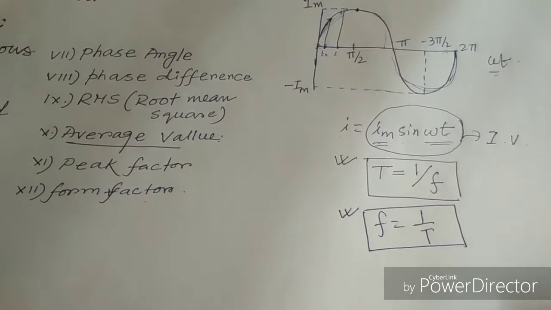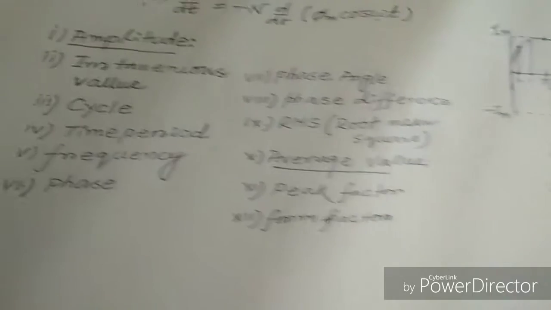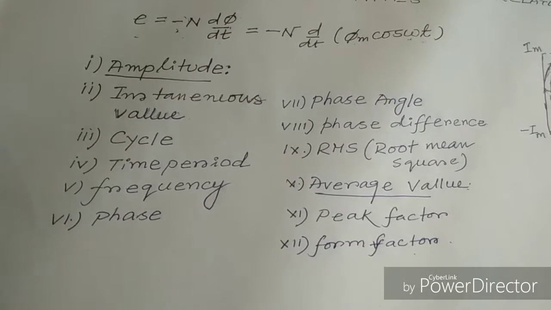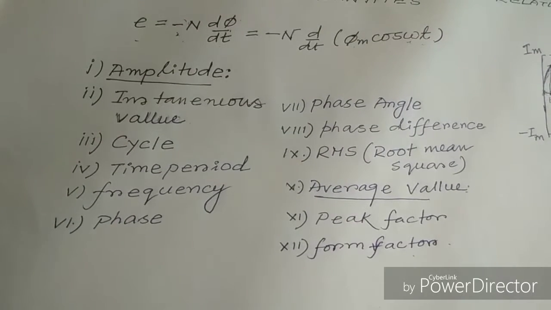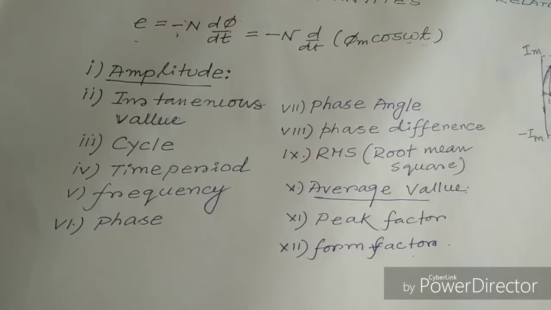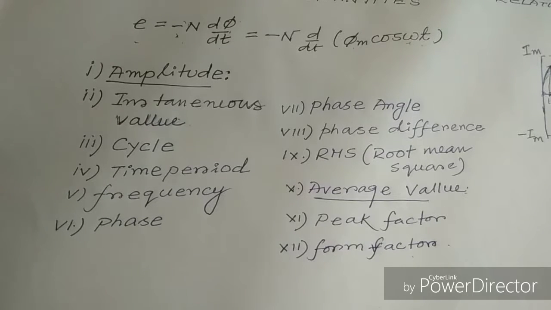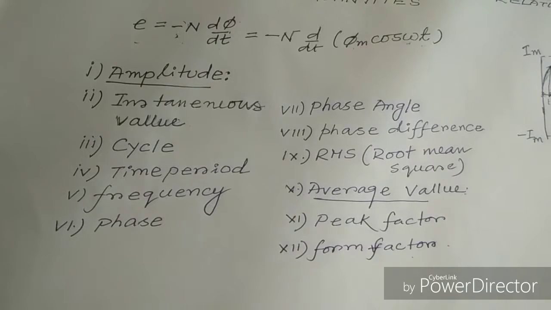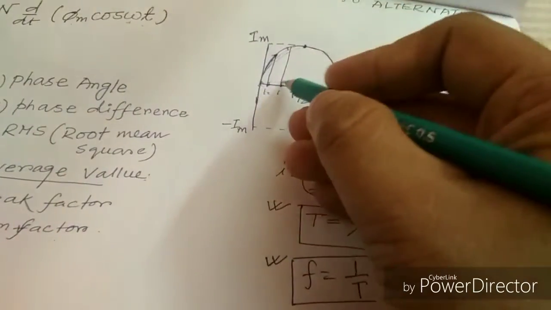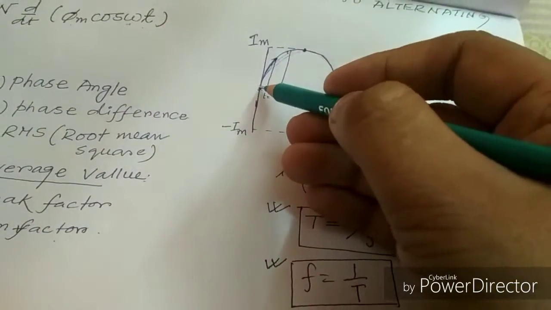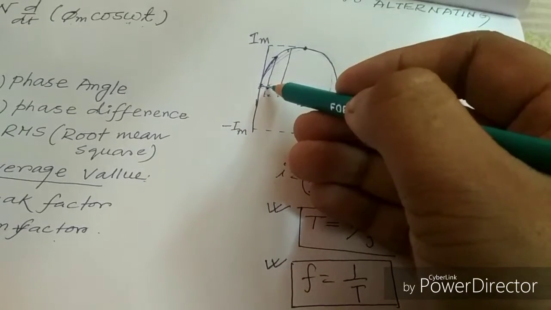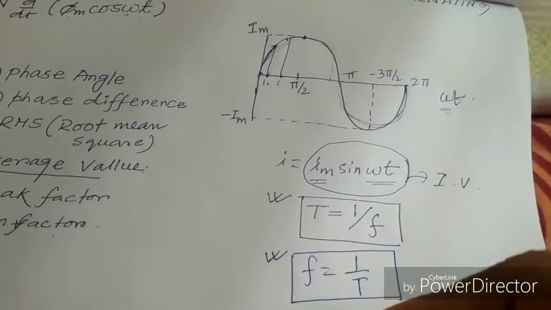Now the last quantity, that is phase. What is phase? Phase of an alternating quantity is the fraction of time period that has elapsed since the quantity last passed through the chosen zero position of reference. If we consider the current in zero position and then at t1, there is a del t difference.